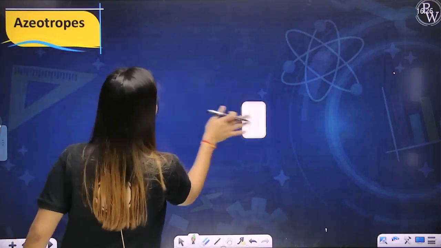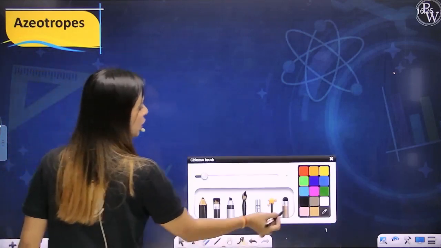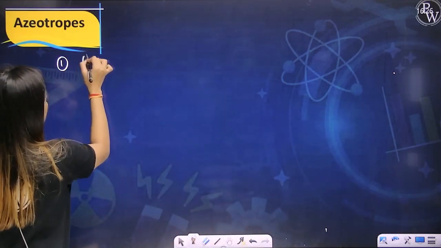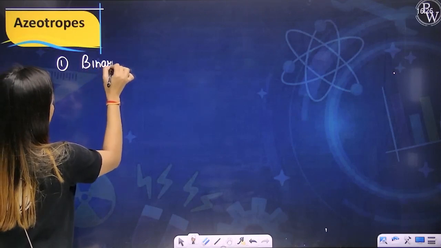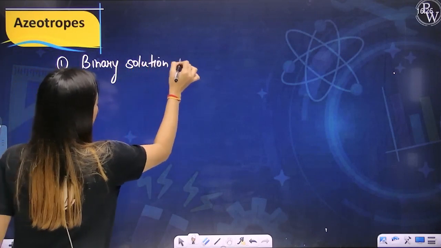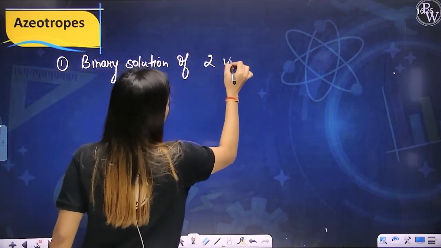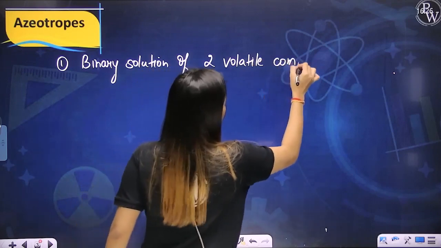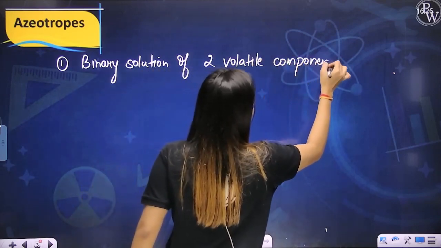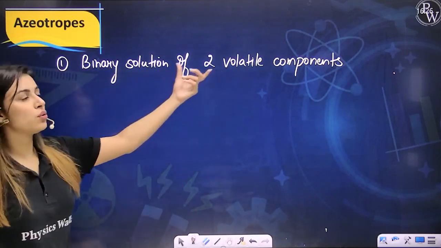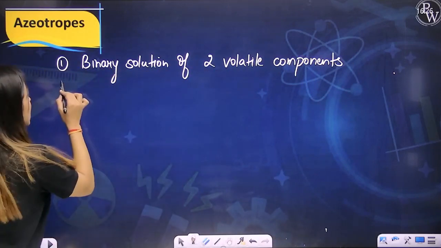So now we are going to define azeotropes. Azeotropes are binary solutions of two volatile components. Okay, I hope this is clear. Yes. So binary solution of two volatile components.